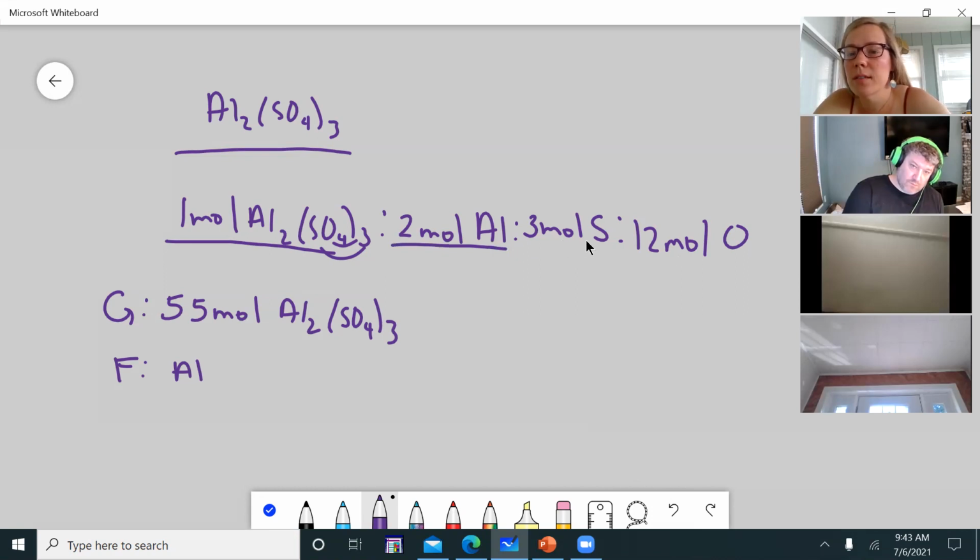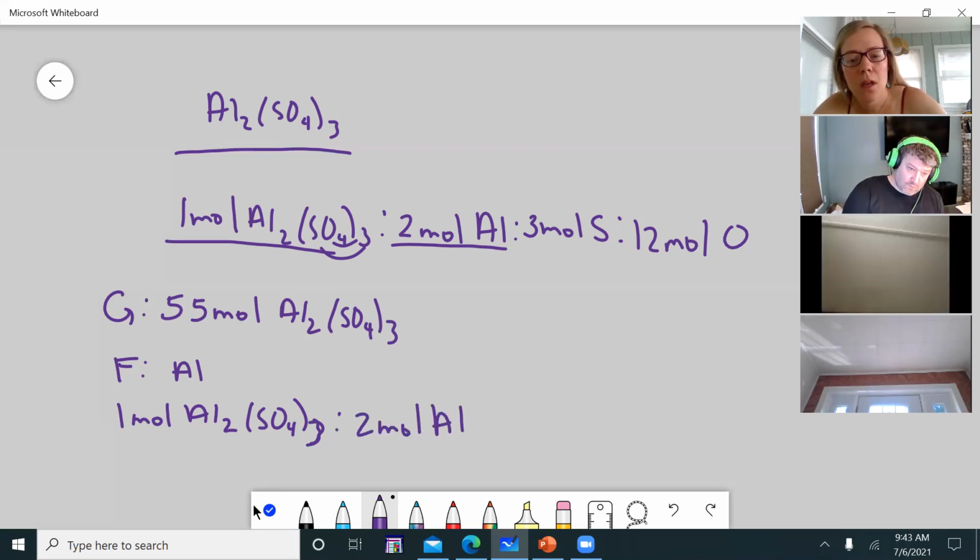So these two components, do I use these? Not for this given problem. It's not asking us about sulfur. It's not asking us about oxygen. It's just saying, what's the relationship between aluminum and the compound? So my single conversion factor for this problem is 1 mole of the aluminum sulfate. Sorry, that should be a 3. Is it going to yield 2 moles of aluminum?